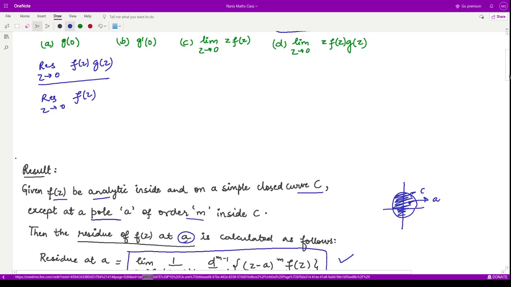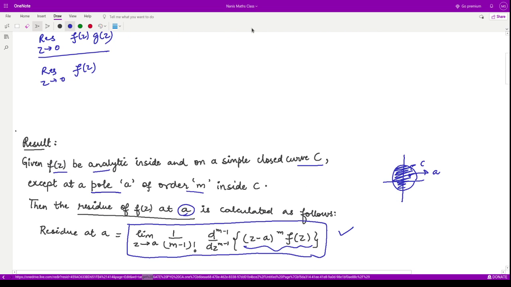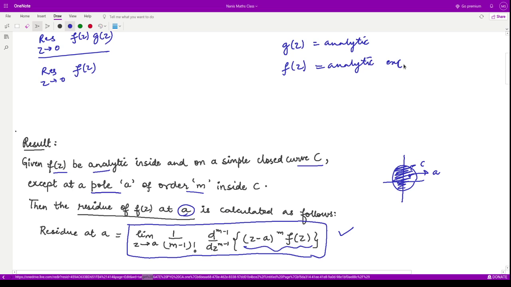Now g(z) is given to be an analytic function, and f(z) is also analytic except at z is equal to 0, where it has a simple pole. That means the order for that pole is 1. So we have m is equal to 1 and z is equal to 0 for f(z), and there is no problem in calculating g(z). So the residue of g(z) won't make a difference over here, right?